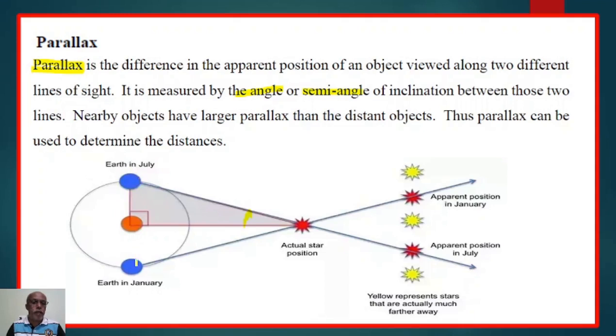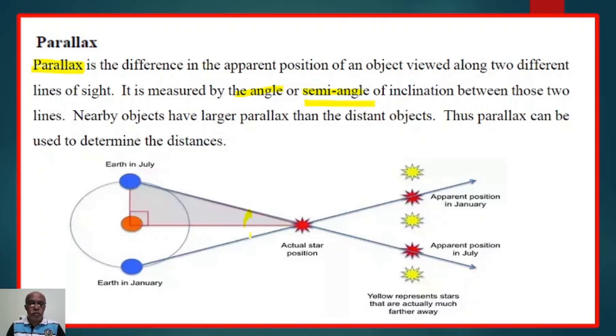Let us take this as A and this as B. From the center of these two points, if we draw a perpendicular line, the angle made by this perpendicular line with one of the lines of sight is called the parallax. That angle we call the semi-angle or semi-vertical angle of inclination.